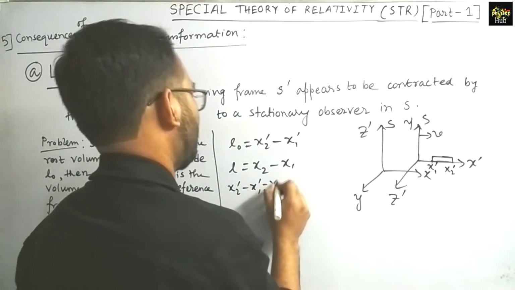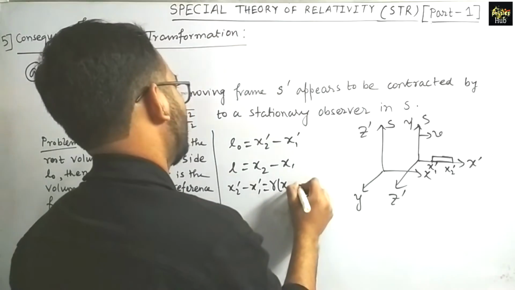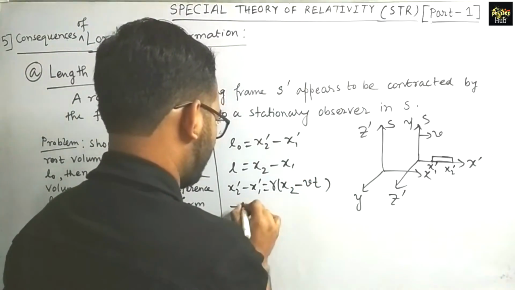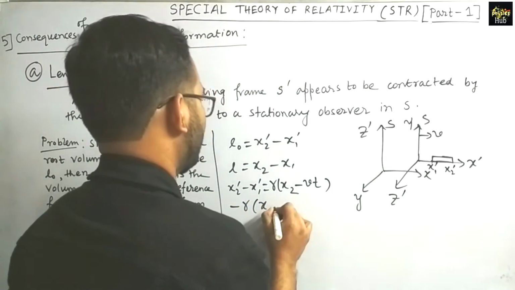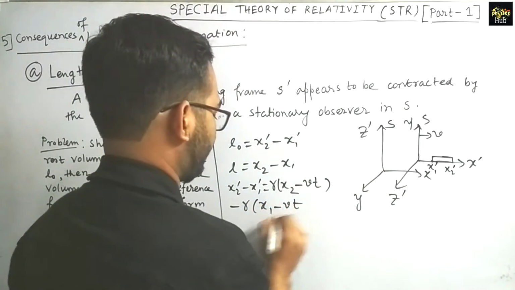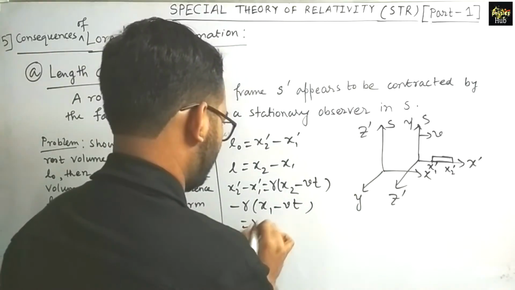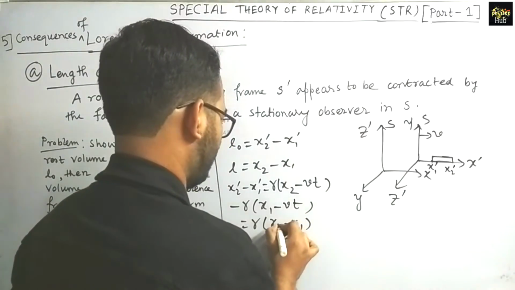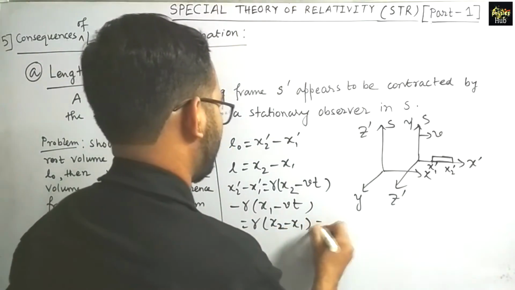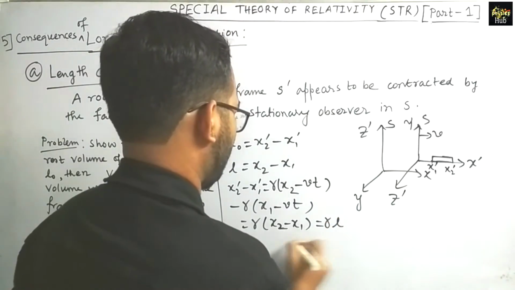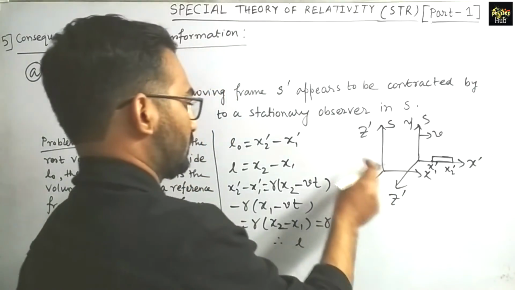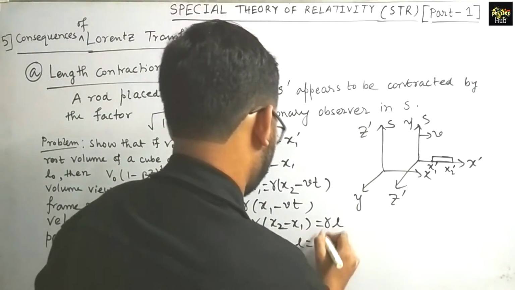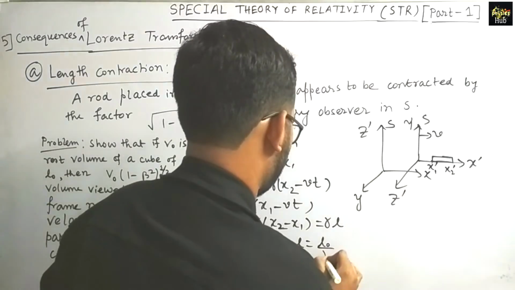x2 prime minus x1 prime can be written as gamma into (x2 minus vt), and minus x1 prime means gamma into (x1 minus vt). Therefore we can write this is equal to gamma into (x2 minus x1), and x2 minus x1 is L, so gamma into L. Therefore with respect to the rest frame S, L equals L naught divided by gamma.